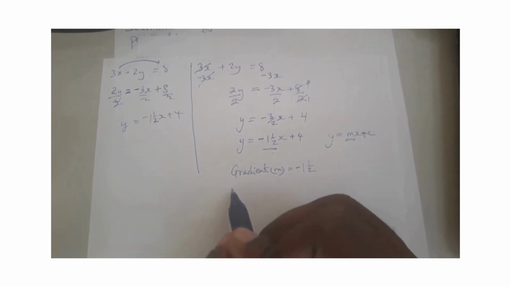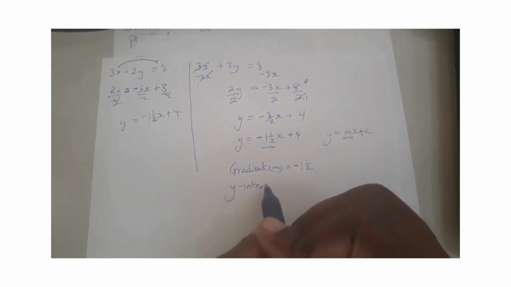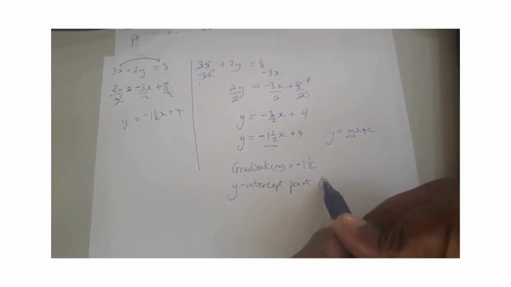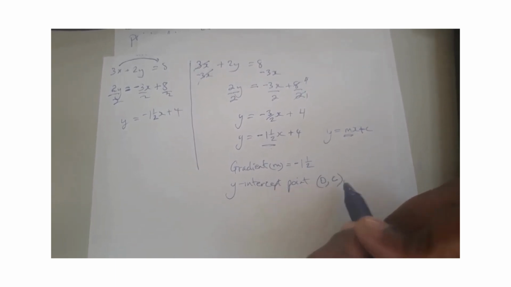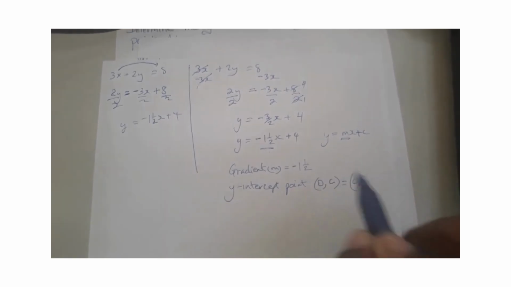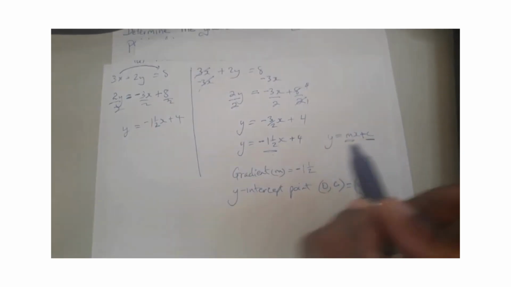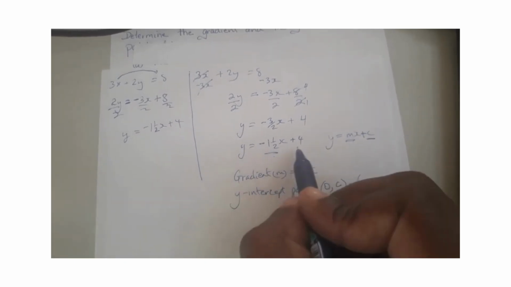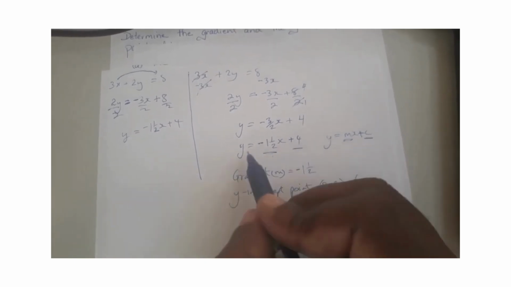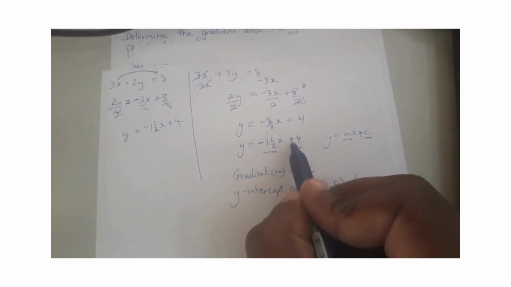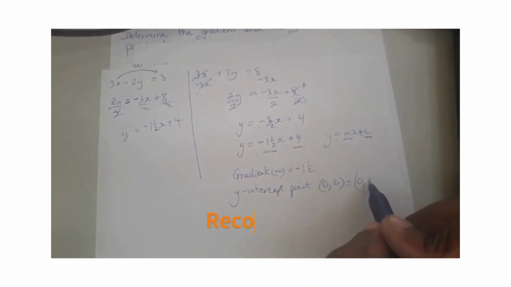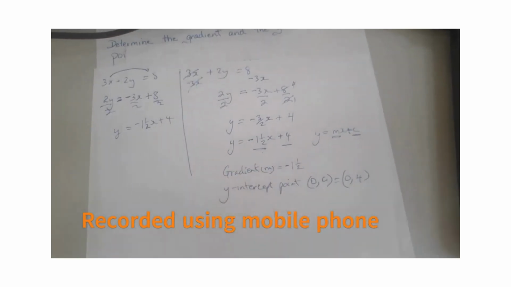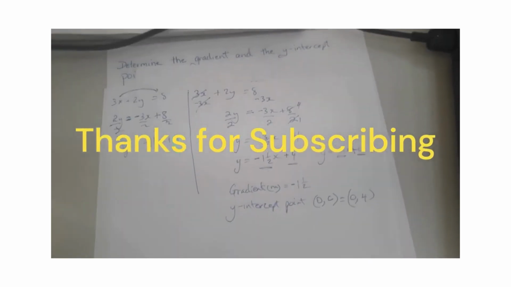And then we can also write the y-intercept point, which is 0 comma, then the c value. So it's going to be 0 what? Well, the c value, once it's in the y equals mx plus c form, is positive 4. And we're done. We have the gradient and the y-intercept point. Hope this video was helpful.